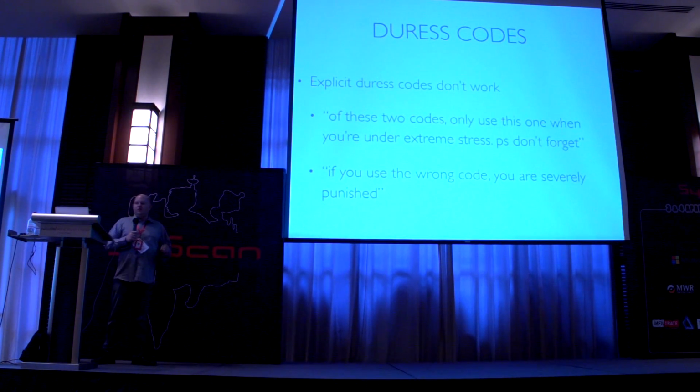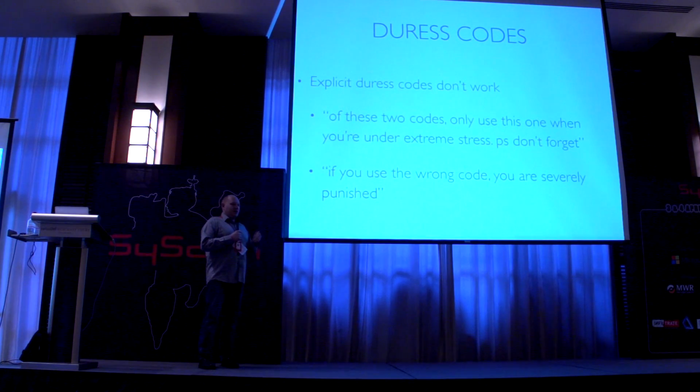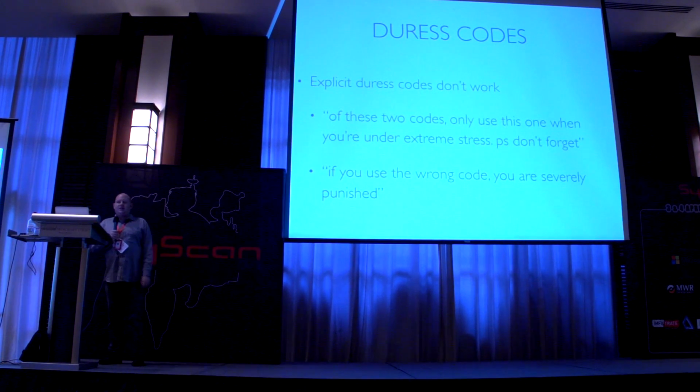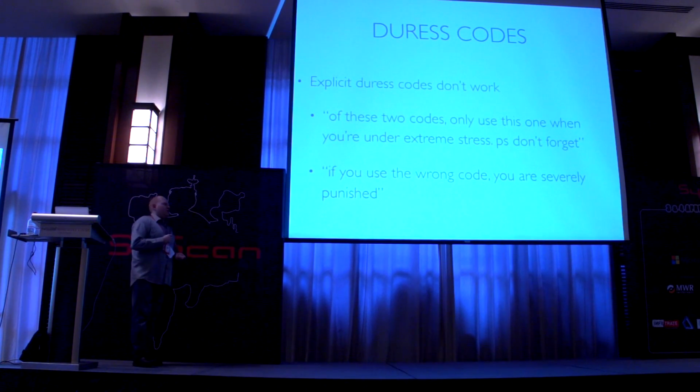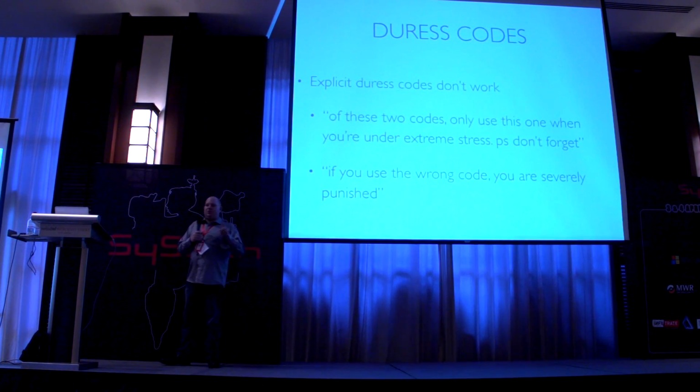Before I get to the demo, a quick note on duress codes. So people have asked, like, why don't you have a duress code that you could key in a specific pin and it would automatically do bad things to your phone? The reason for that is that when you have a duress code, it doesn't work. Because you're going to say to someone, here are 2 pin numbers.